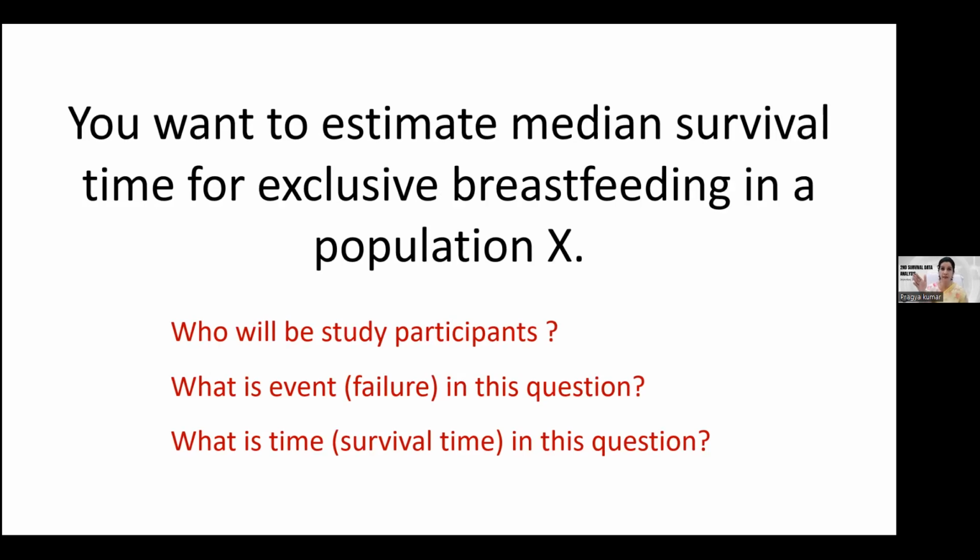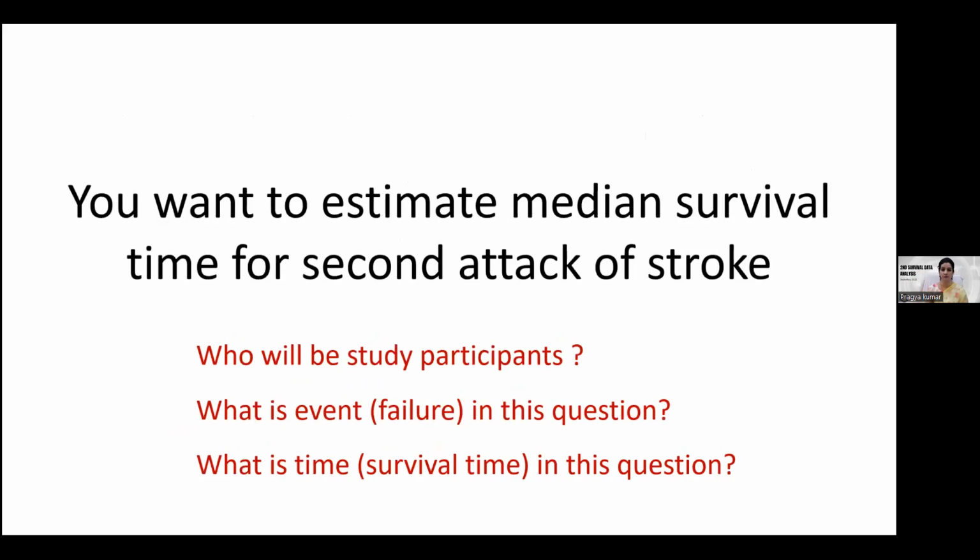Like, if a female did exclusive breastfeeding up till 5 months, my time to event, this survival time, will be 5 months, because after 5 months she started the baby on some other feeding formula. So that will be the answer.